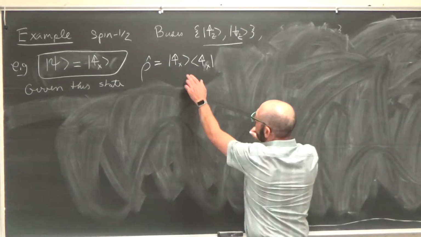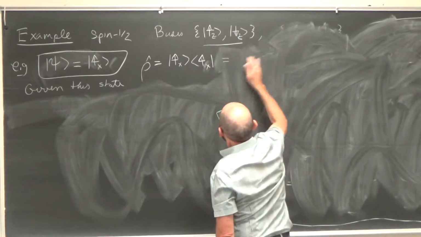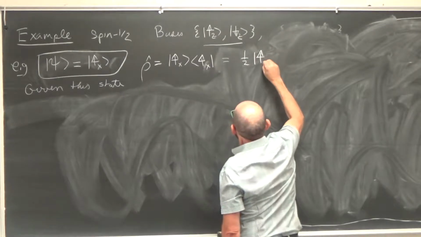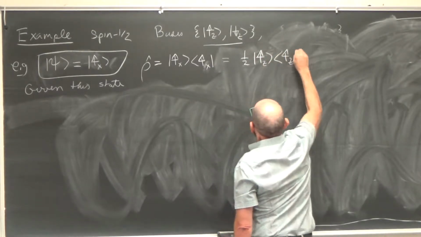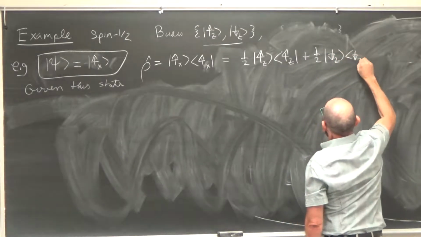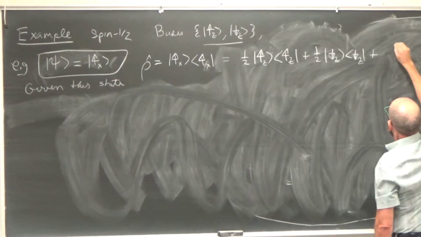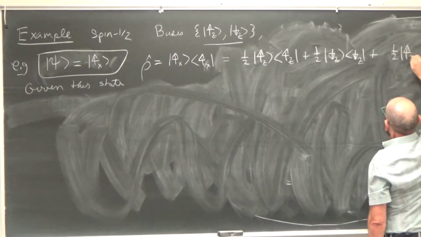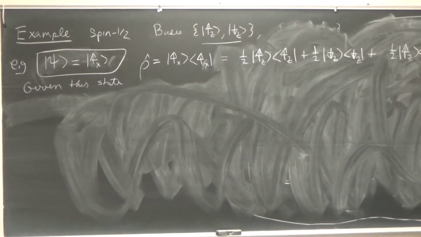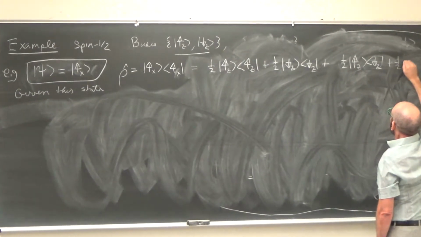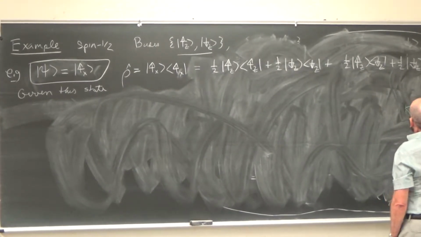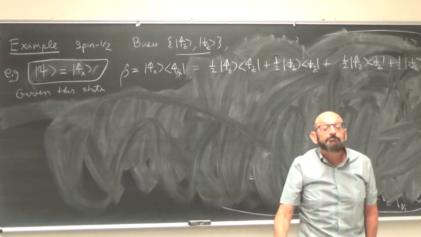This density operator for this particular case was equal to a half up along z plus a half down along z plus a half up along z, down along z, plus a half down along z, up along z, right? When I prepared spin up along x.